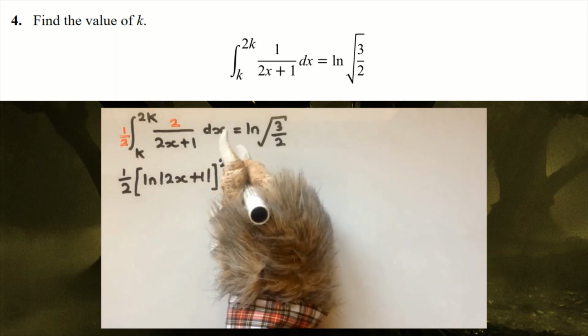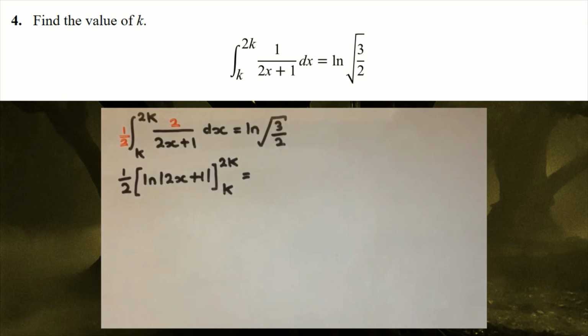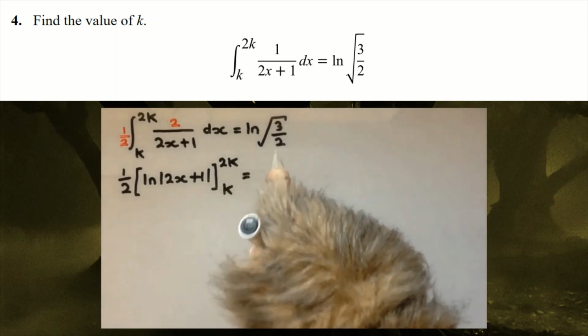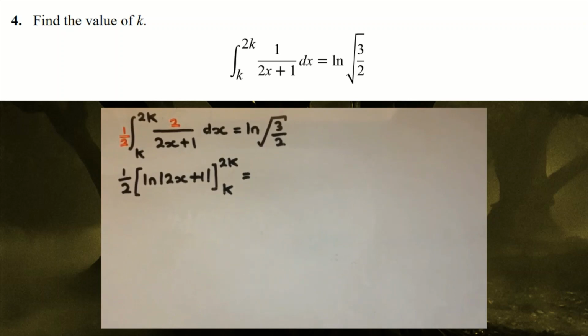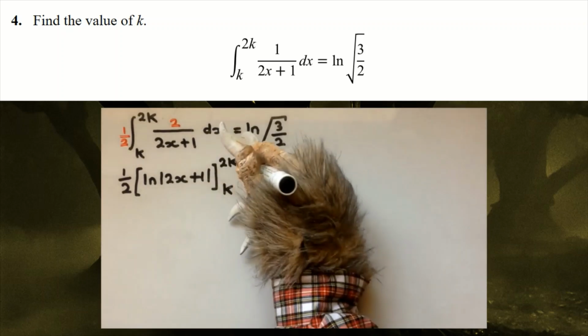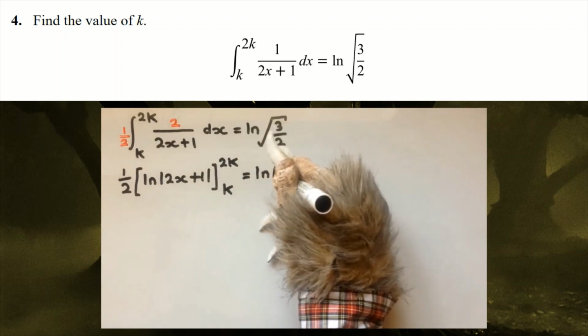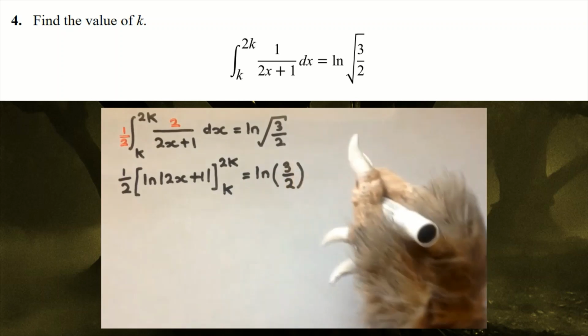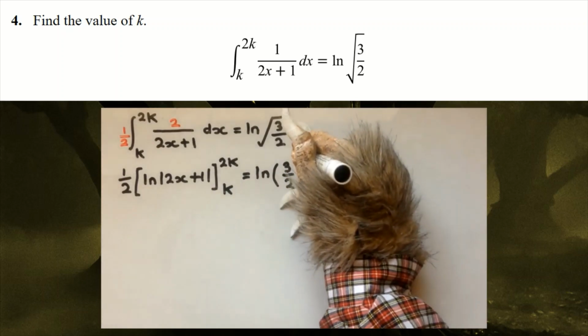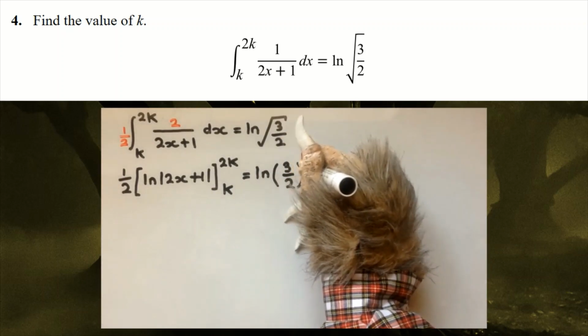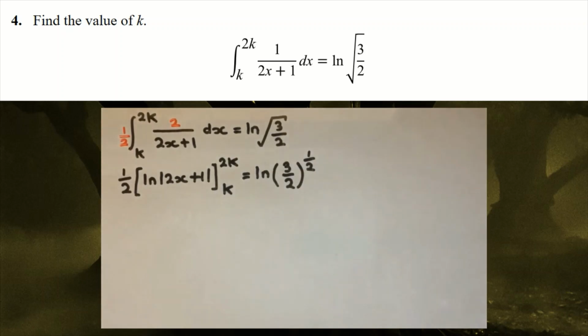And this is all equal to the natural log of the square root of 3/2. Now, rather than using the square root, because we're dealing with logs, which consequently means we're going to be dealing with indices, I'm going to write the square root as a power 1/2. So this is going to be the natural log of 3/2 to the power 1/2, like that. Great. Now what can we do next?